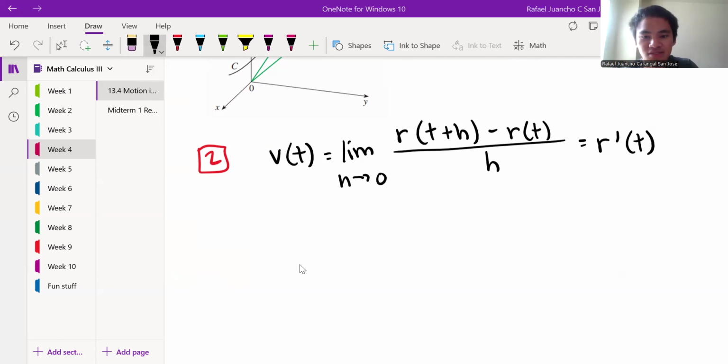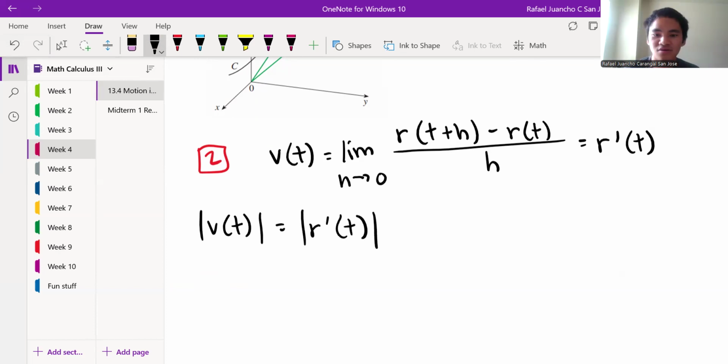What else? Okay, this is appropriate because from our second definition here, our v of t definition, we can say that the absolute value of our velocity is the absolute value of my tangent vector, right?